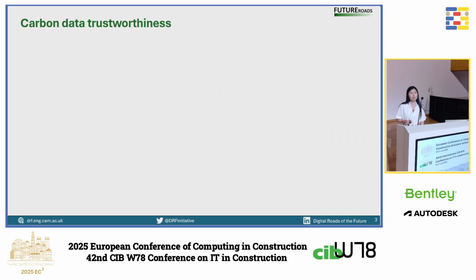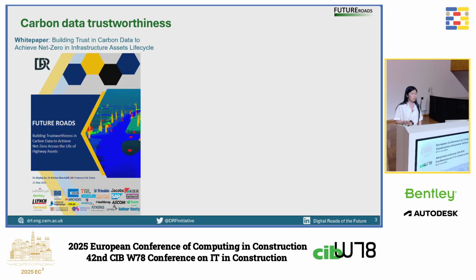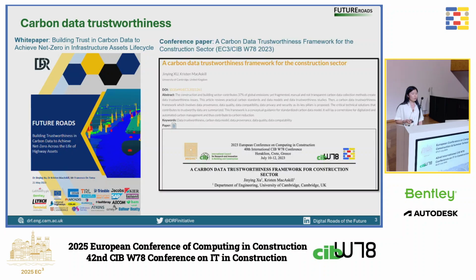So my research is especially focusing on carbon, and is trying to increase carbon data trustworthiness by standardizing the carbon data collection methodology. There was a framework that we developed about carbon data trustworthiness that we presented at the EC3 CIB W78 2 years ago.